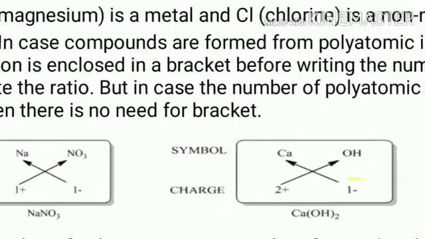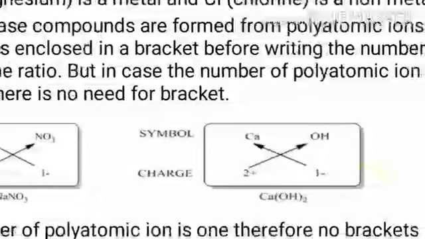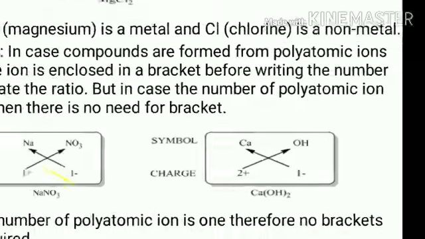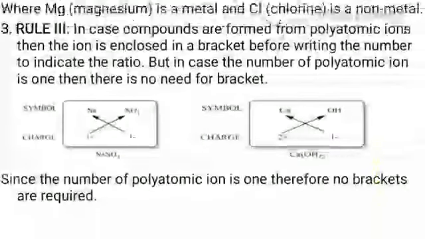But in the case of calcium hydroxide, the valency of calcium is +2 and the valency of hydroxide is -1. When we write the formula, we get CaOH, but there are 2 OH present and the OH is a polyatomic ion, so we use the bracket: Ca(OH)2. By this method we can write the formula.